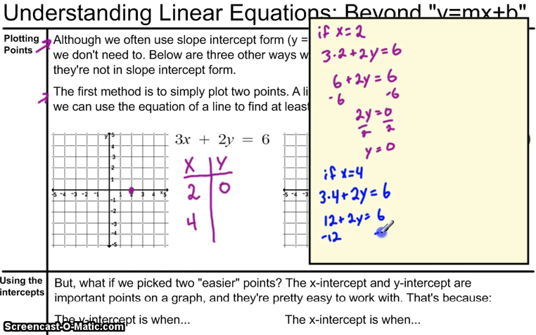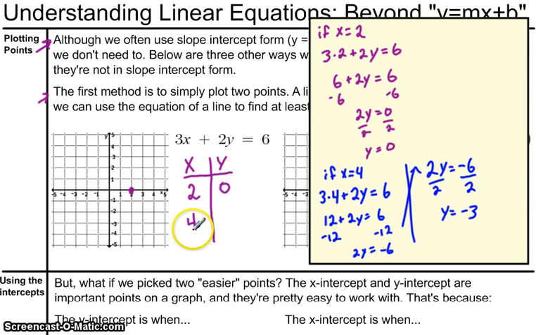Subtract 12 from both sides. 2y equals negative 6. So I divide both sides by 2, and y equals negative 3. So if x is 4, then y is negative 3.